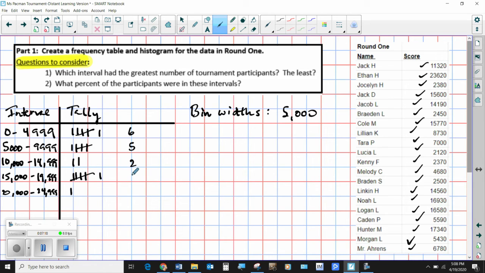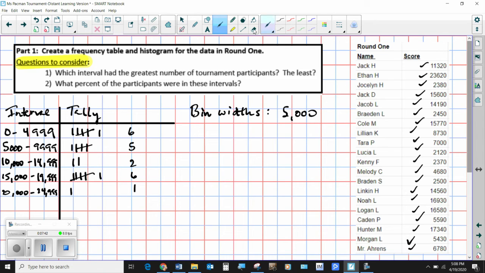Looks like 6 in this one, and 1 here. And you know what all those have to add up to, correct? These have to add up to 20, because we want to make sure we've got all 20 players accounted for. So 6, 5, 2, 6, 1 makes 20. Good. Okay. So the next step is to put this piece of information into a histogram.